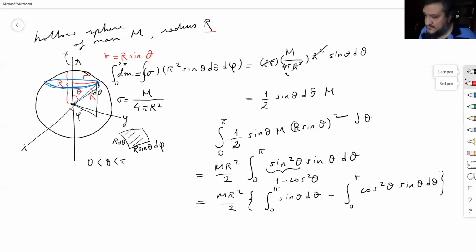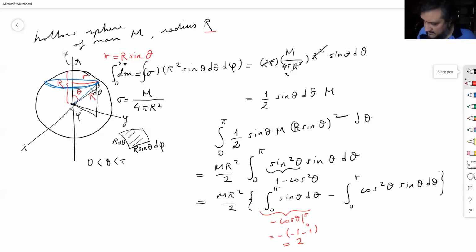Now the first integral will give me negative cosine theta. If I plug in the limits, this will give me negative, okay, cosine pi is -1, minus cosine 0, which is 1, so this gives me 2.